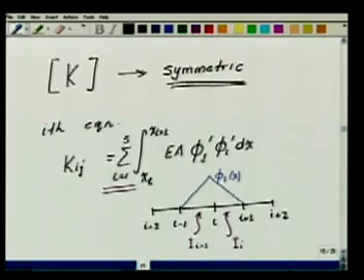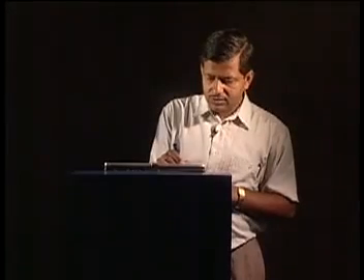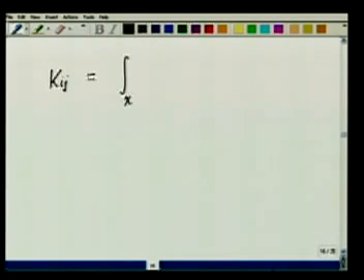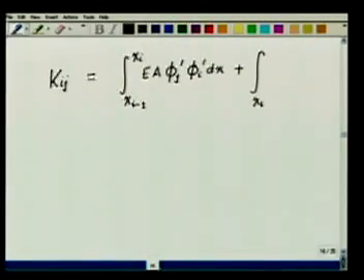So what we'll have is Kij equal to the integral, as we had done there, from x I minus 1 to xi of Ea phi j prime phi I prime dx plus the integral from xi to xi plus 1 of Ea phi j prime phi I prime dx.